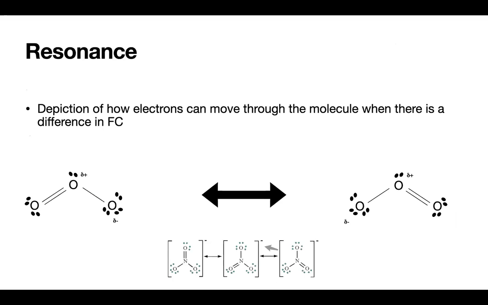So resonance. Resonance is basically a depiction of how electrons can move through a molecule when there's a difference in formal charge. So this molecule right here, O3, ozone, this is how we draw it on the left.